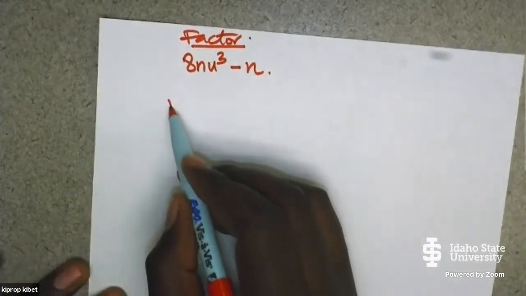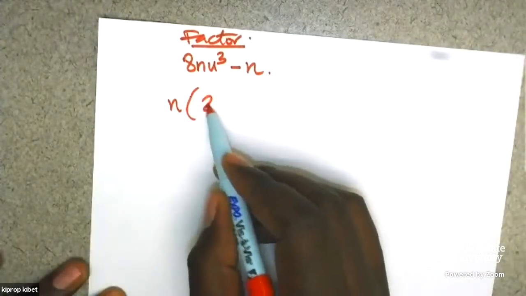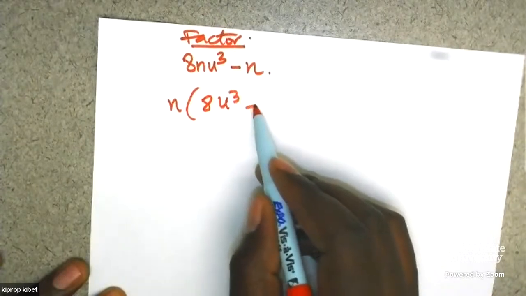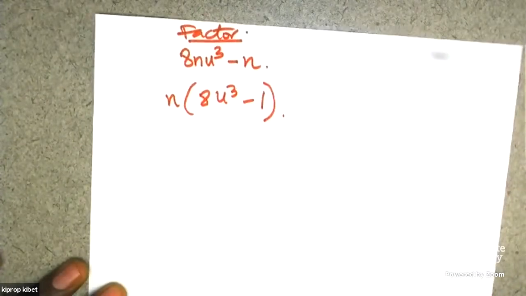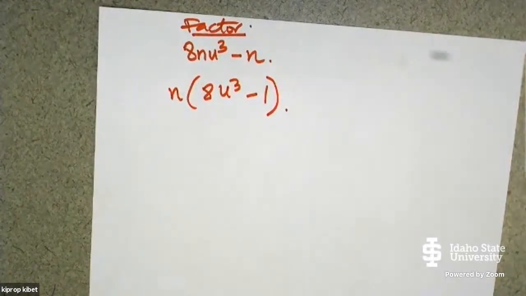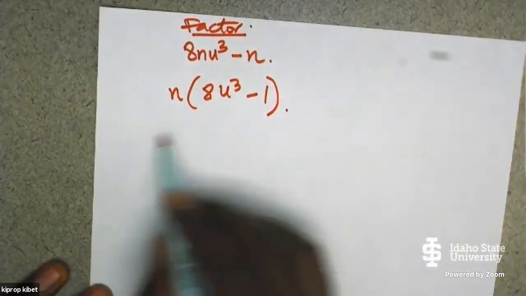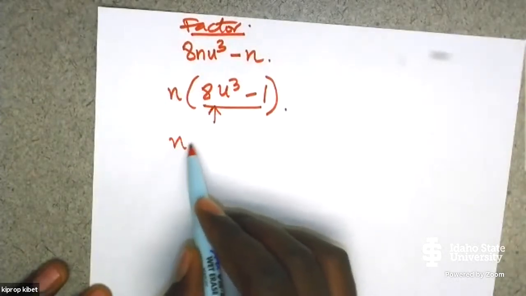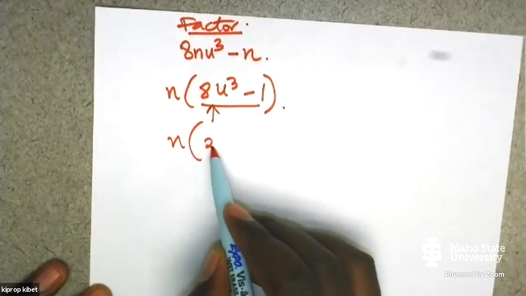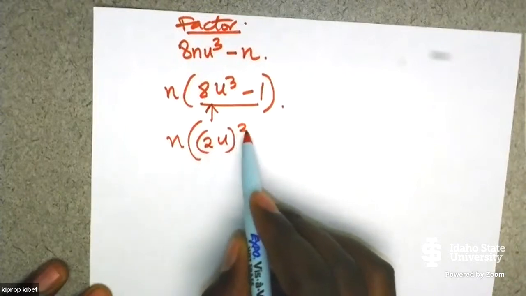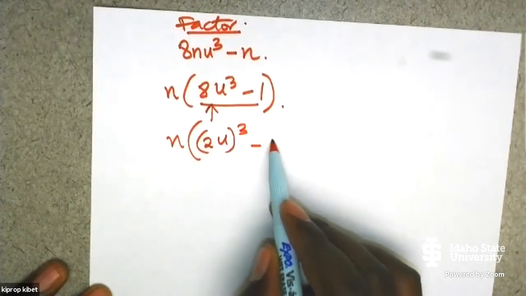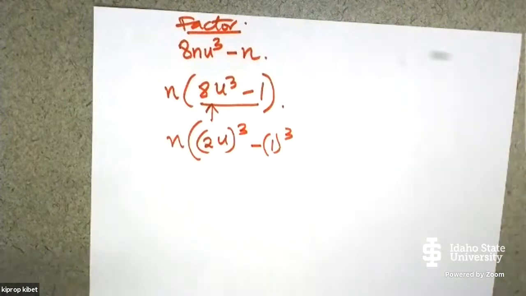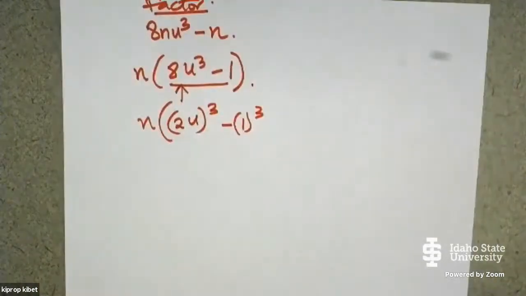So when you bring out u, then it will be u(8u cube minus 1). Now, this is similar to, because we can write this as u(2u cube minus 1 cube). 1 cube is still 1.